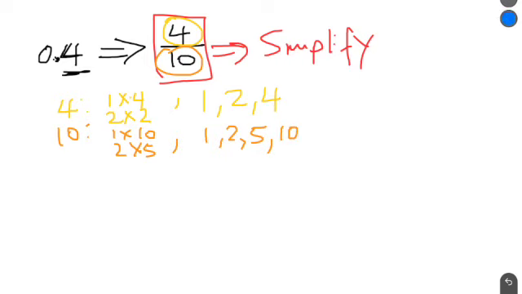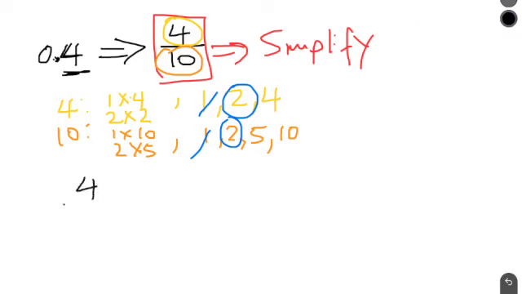Next, we want to circle all the common factors except 1. All the common factors between the 4 and the 10. We see that what's common is just the 2. So 2 is common in both 4 and 10. So now what do we do with this 2?